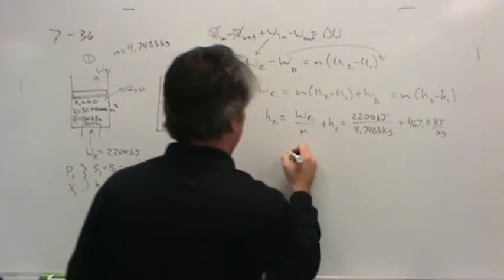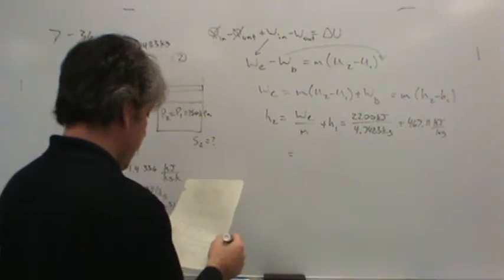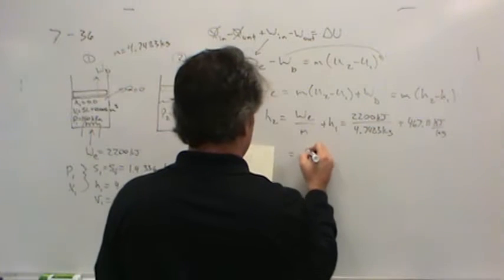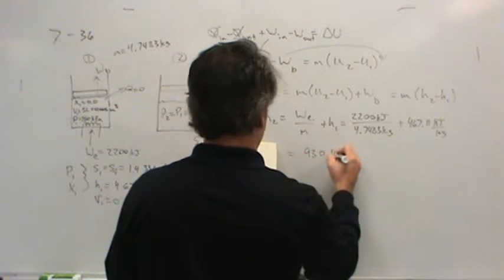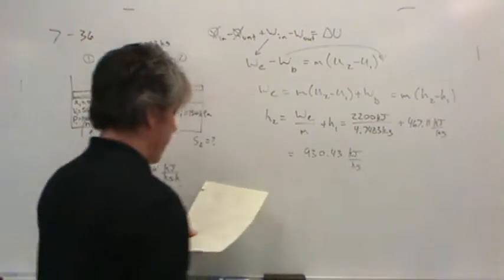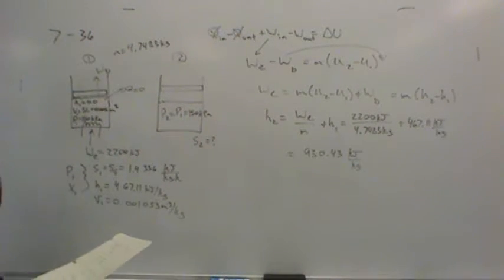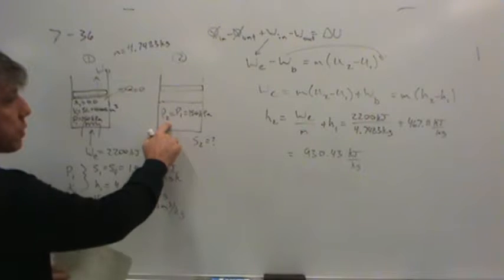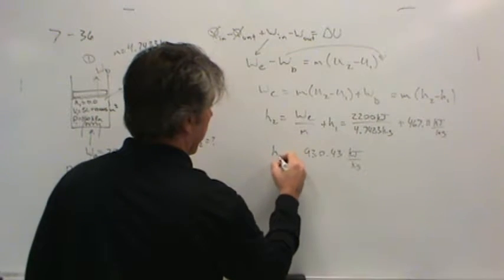When you plug that in your calculator, you'll find that the enthalpy in state 2 is 930.43 kilojoules per kilogram. Now, we have two properties, right? We've got the pressure in state 2, and now we have the enthalpy in state 2.